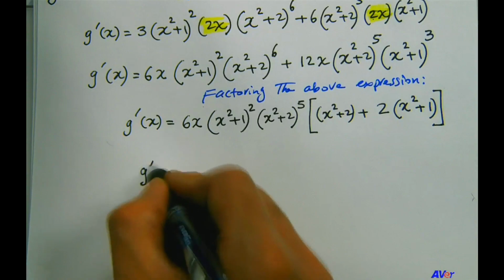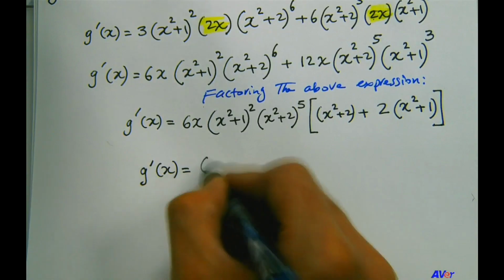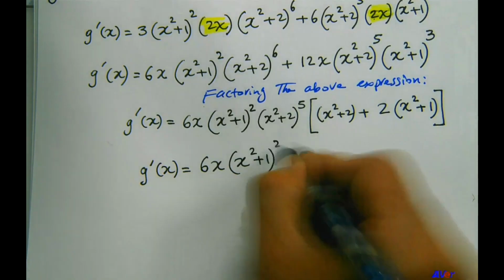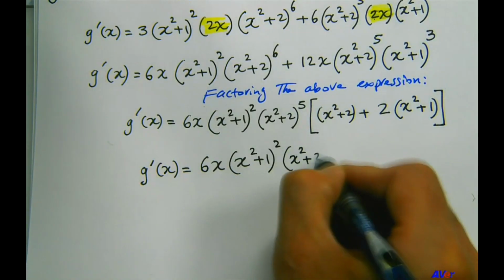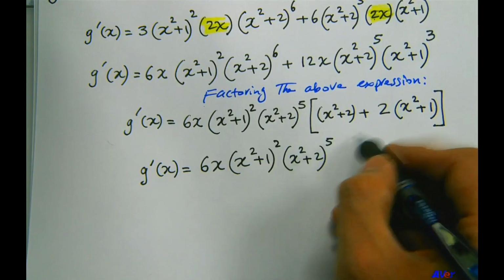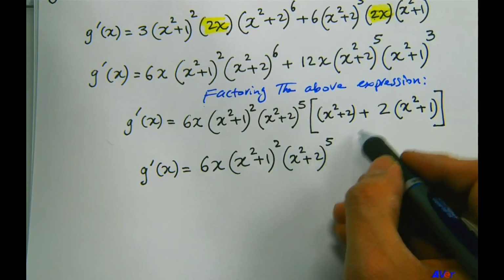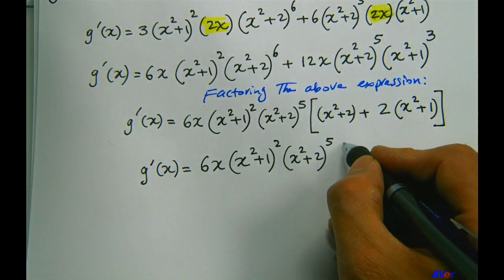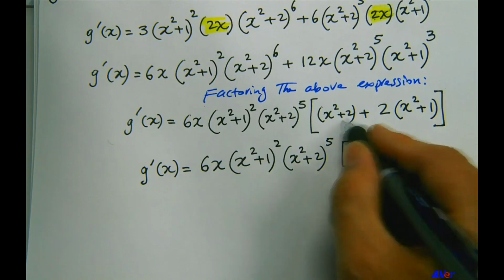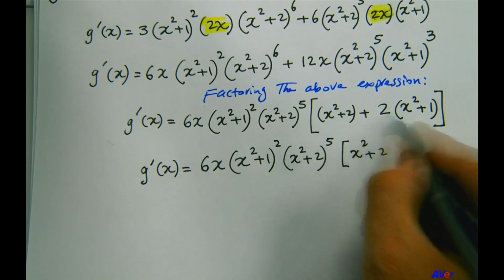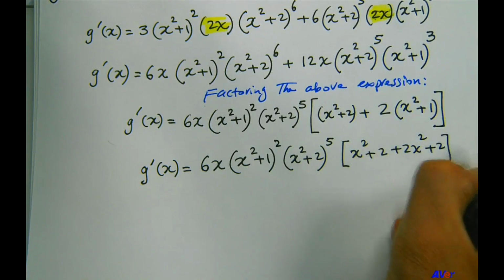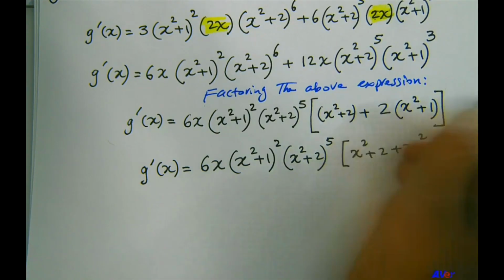We have g prime of x equals 6x times (x squared plus 1) squared times (x squared plus 2) to the 5th power. And if we distribute the 2, we get (x squared plus 2) plus 2x squared plus 2, right? Just distributing the 2.